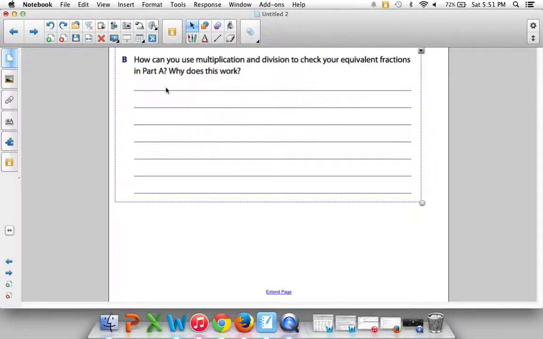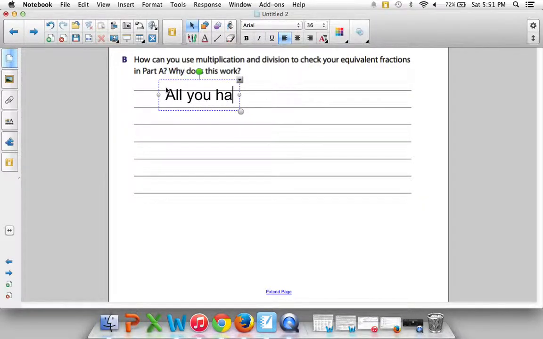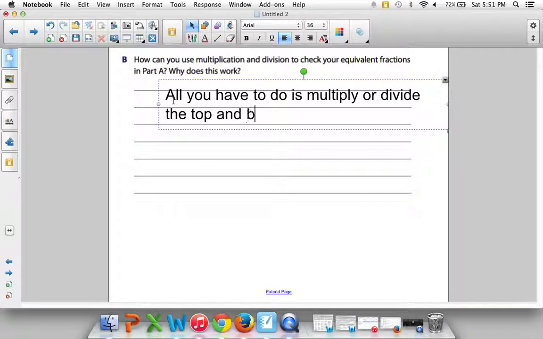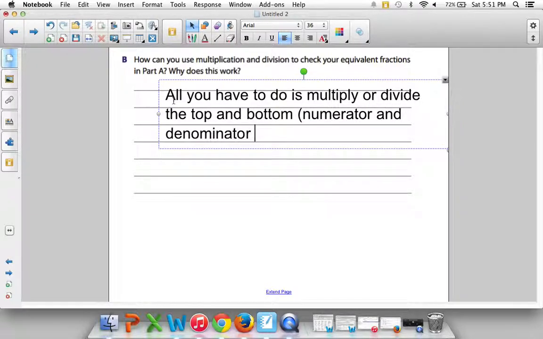Let's say all you have to do is multiply or divide the top and bottom, and those have better words actually. They're the numerator and denominator. All you have to do is multiply or divide the top and bottom, numerator and denominator, by the same number.